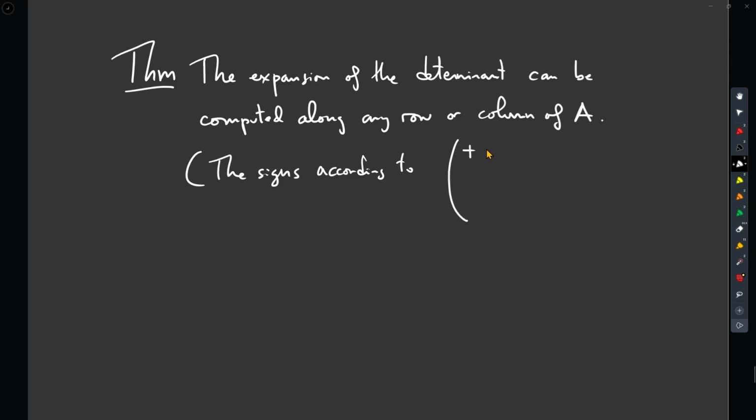This position is plus, minus, etc. So this will be minus, plus, etc. And then this is plus, minus.